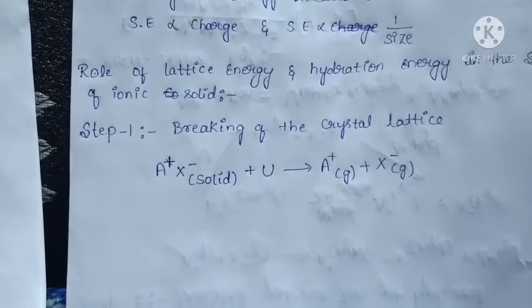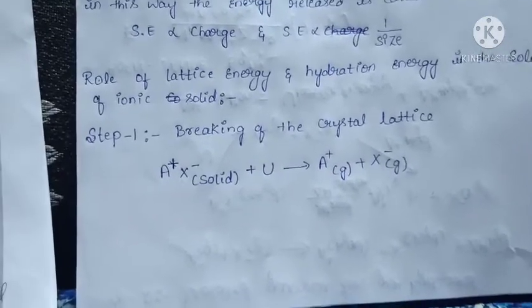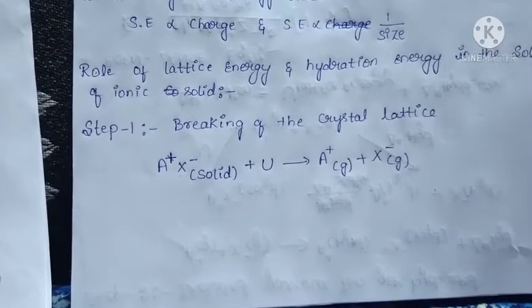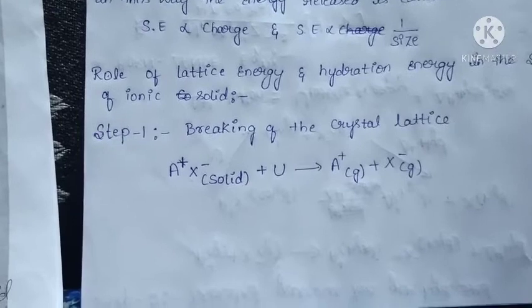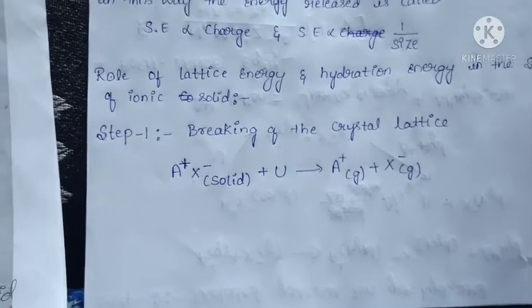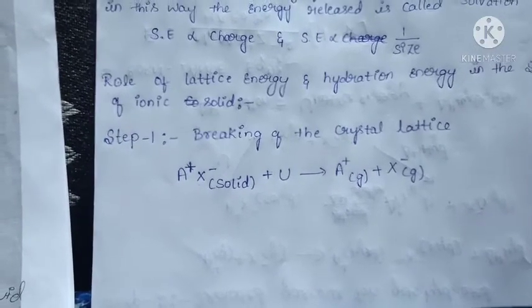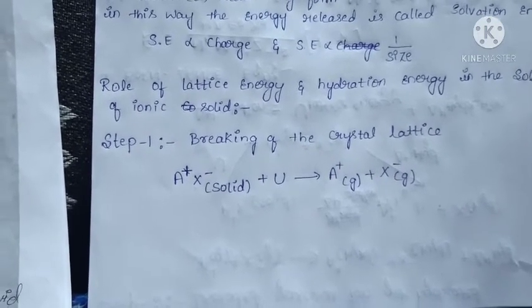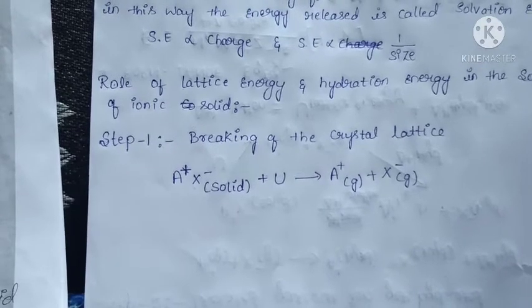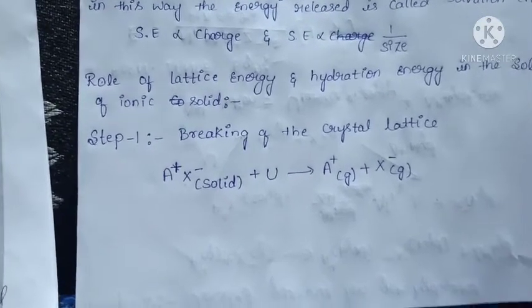It means when we take a solid compound, for example salt, NaCl, common salt, sodium chloride, and dissolve it in water, the ionic bond will break down in water. It gives sodium ions and chloride ions.